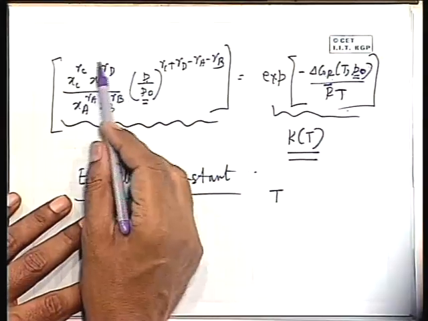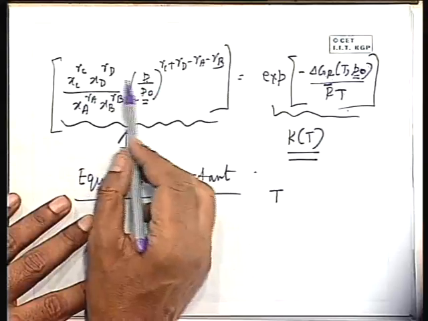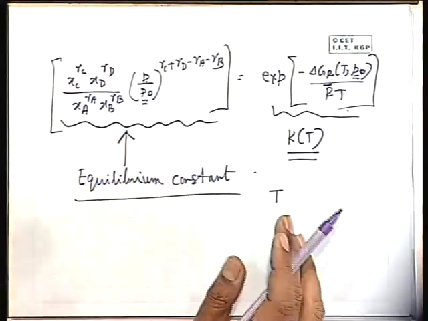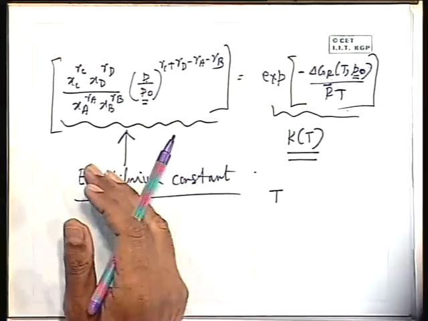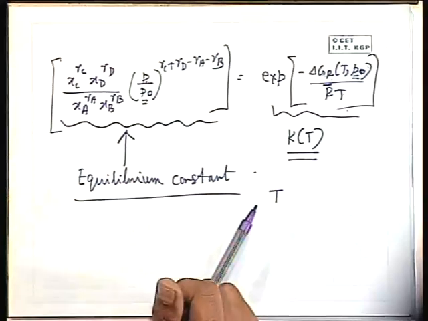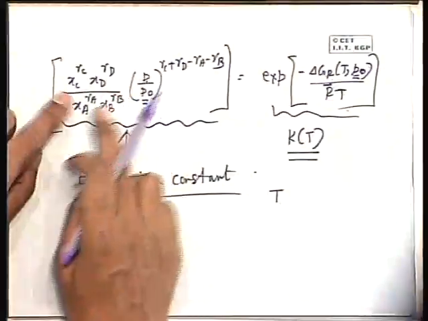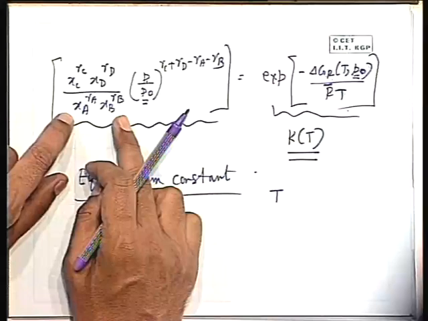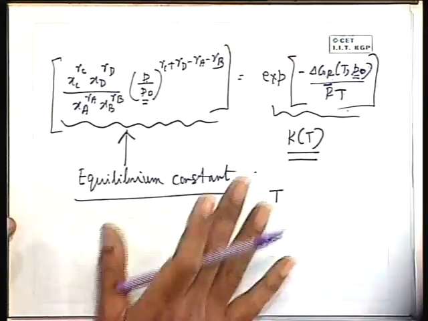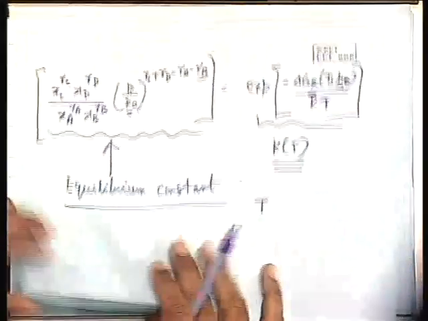So we get constraining equations for the mole fractions of the equilibrium mixture. I get constraining equations from the chemical equations, and these two things are solved together to find the values of X_C, X_D, X_A, X_B. Clear? So this is the theory, and it will be made clearer if we follow this example now.